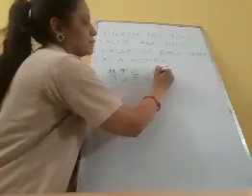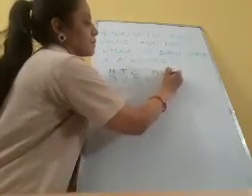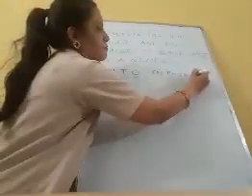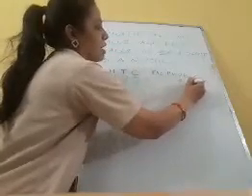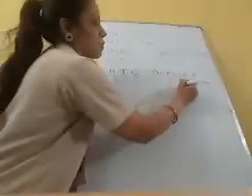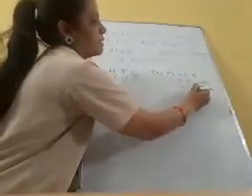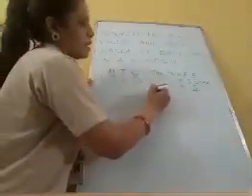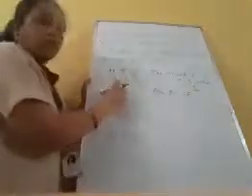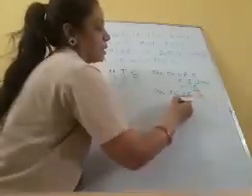Now how do you write it? The place value of 5 equals 5 ones. What is the meaning of 5 ones? Single 5. Now the second: the place value of 2 equals 2 tens.